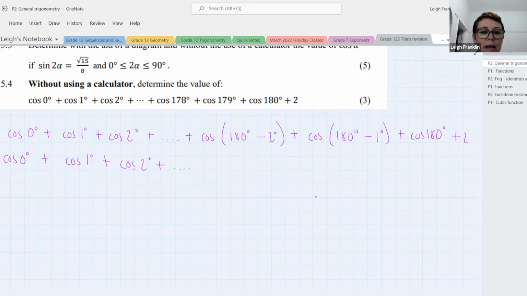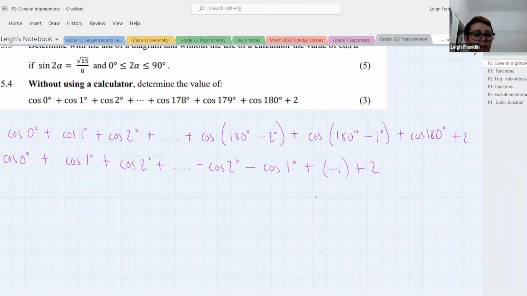Now cos of 180 minus 2 is minus cos 2, isn't it? And cos of 180 minus 1 is minus cos 1, plus cos 180 is -1, plus 2.